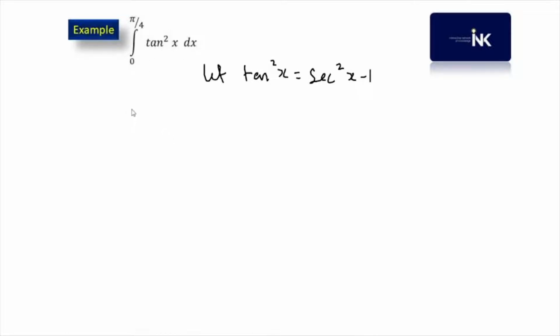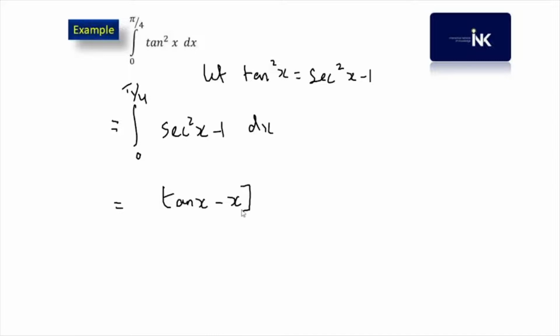So in the place of tan square x, integral 0 to pi by 4 secant square x minus 1 dx. So when we integrate this, the integration of secant square x is tan x, so we'll write tan x, and the integration of 1 is x, so minus x, and we'll write in the closed interval 0 to pi by 4.